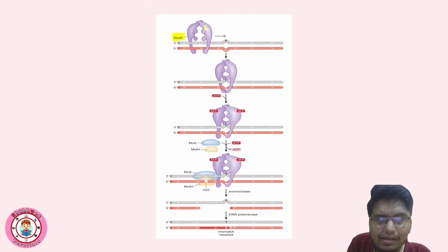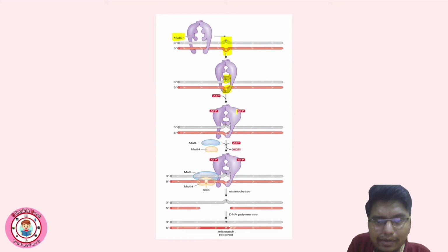We can see in this picture, when the distortion is found, the structural changes occur in MutS. It is holding the incorrect nucleotides, the distortion.